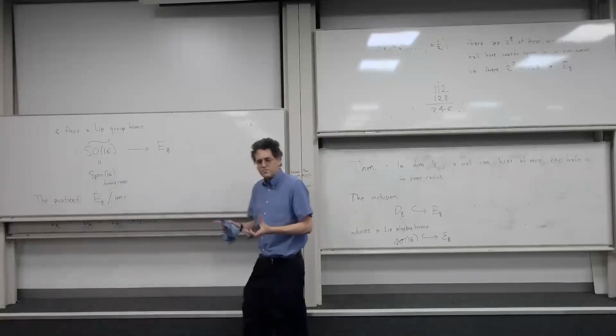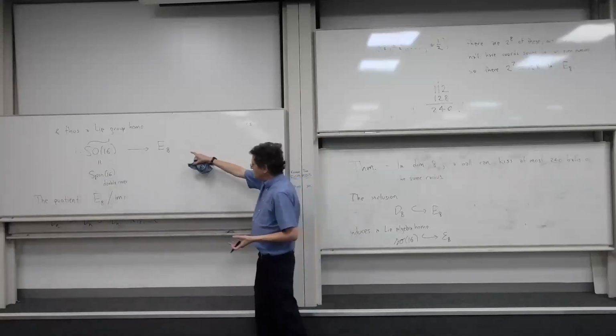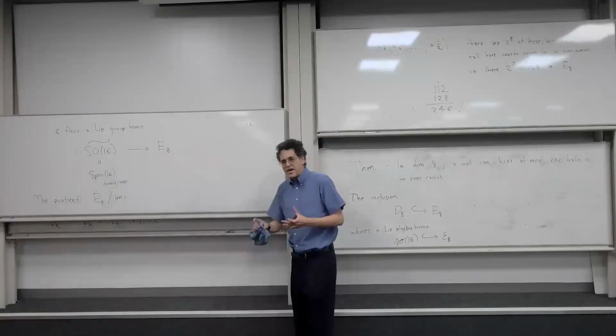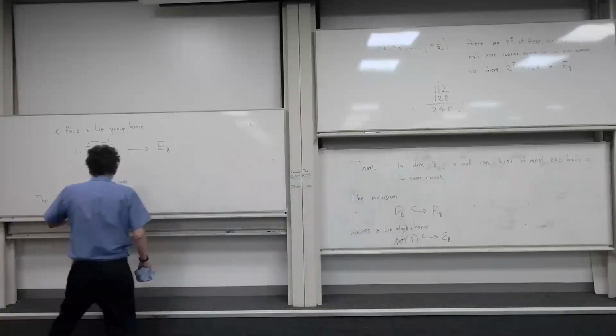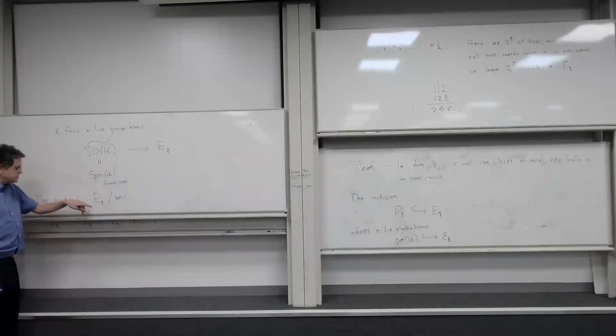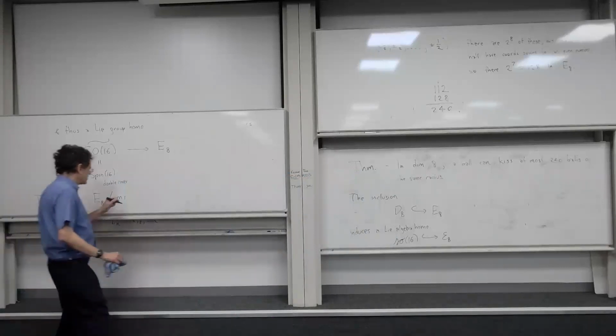So you can take a quotient of a Lie group by a Lie subgroup, and you get a manifold, and it's a homogeneous space. That is, it's a manifold on which this group on top here acts.